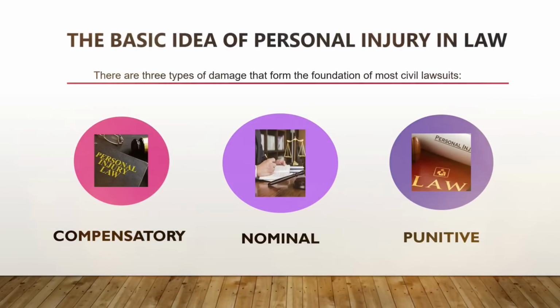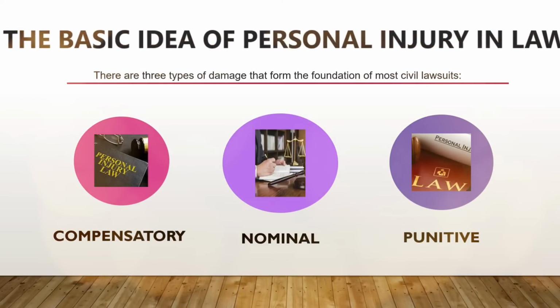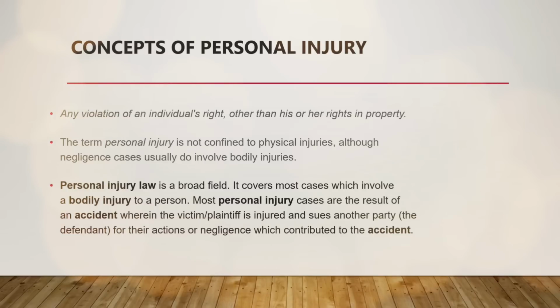There are three types of damage that form the foundation of most civil lawsuits: compensatory, nominal, and punitive. Now we will learn the concepts of personal injury. It is any violation of an individual's rights other than his or her rights in property.